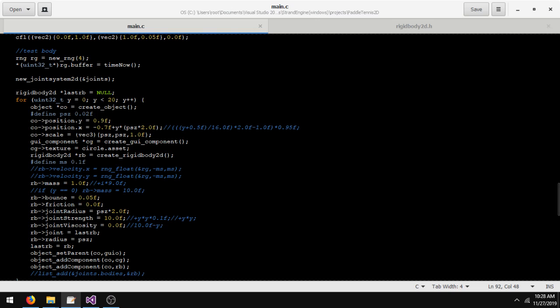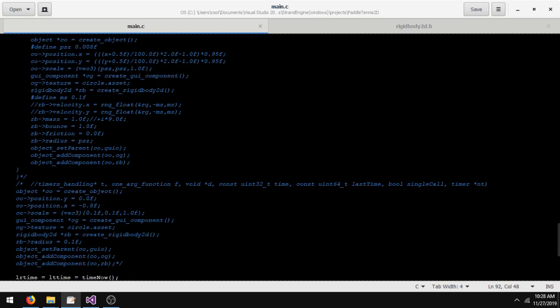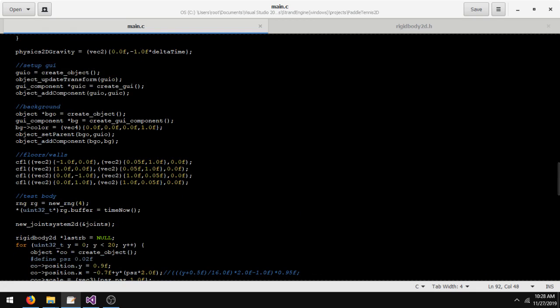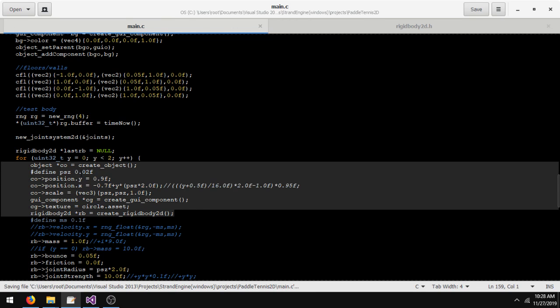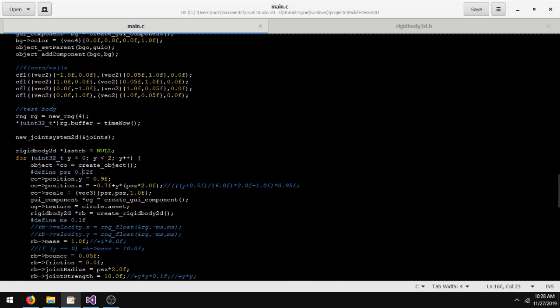So then I think I'm going to do little circle bumps. Or maybe actually I'll do more floors. I'll do more walls. Floors, okay. So it's basically going to be the same thing. It's going to spawn 2 of these, maybe a bit bigger.